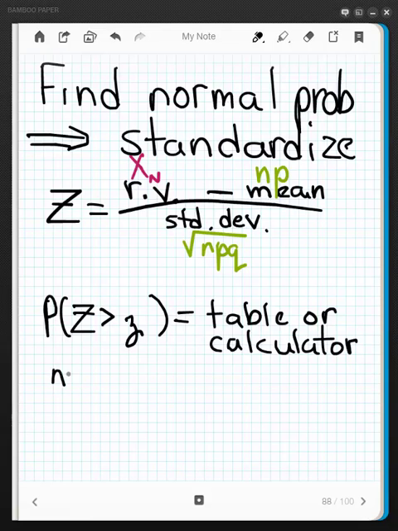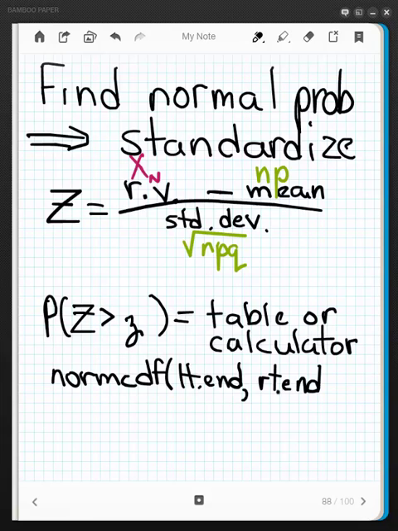And remember, on our calculator we do normal CDF, sorry, I should have written normal, and then we do the left endpoint, and then the right endpoint, and that's all we have to put in because we're assuming the 0 and the 1.